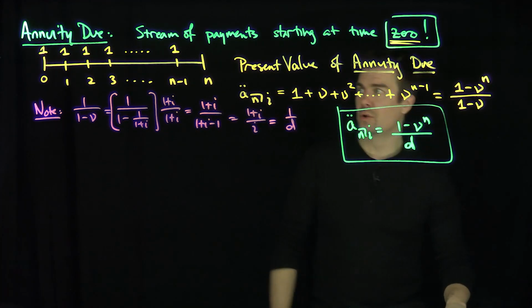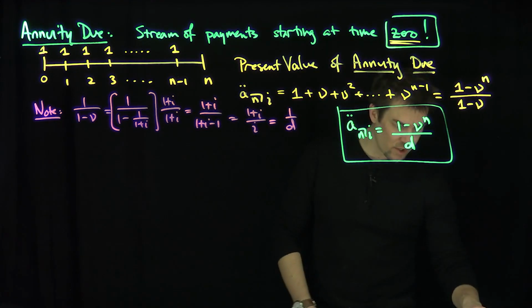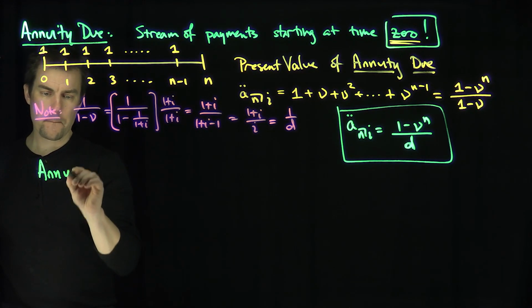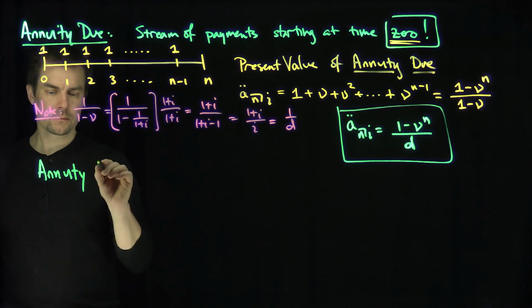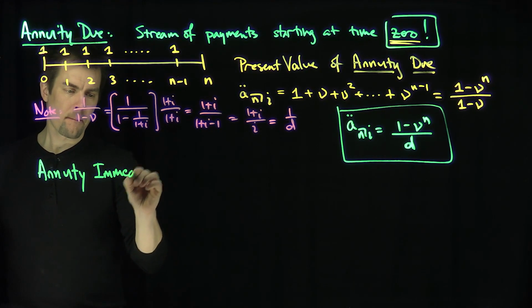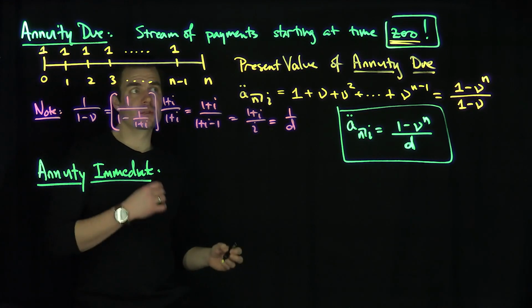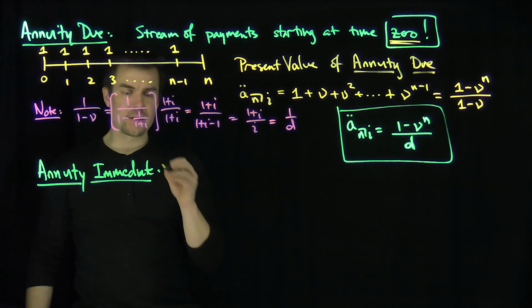Now let's change the script and do the annuity immediate. So what are annuity immediates? Annuity immediates are a stream of payments starting at time 1 and ending at time n.